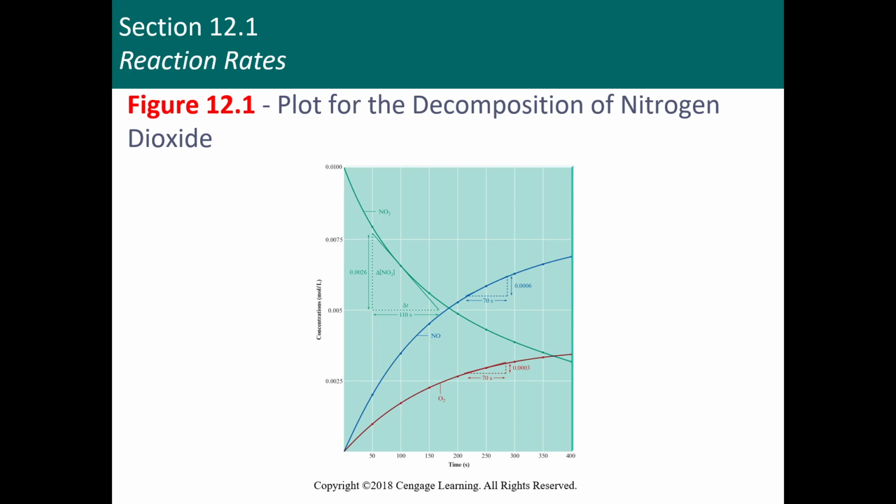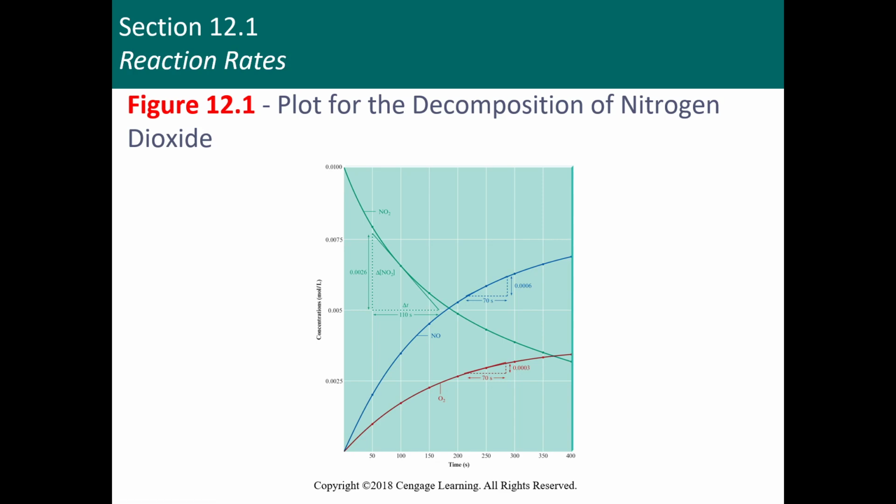And what that is, as this disappears, the reaction gets slower and slower. Eventually, you're going to have so little that they're going to have trouble even reacting. As we go and create more and more NO and O2, we're going to have less and less NO2 that we can react. And so these are actually going to trail off and sort of even out here if we were to go further.